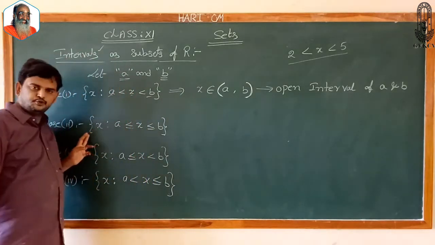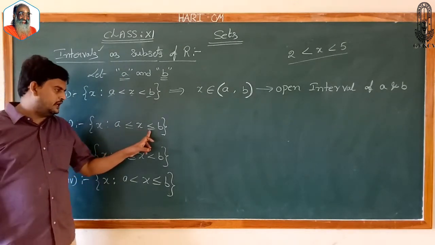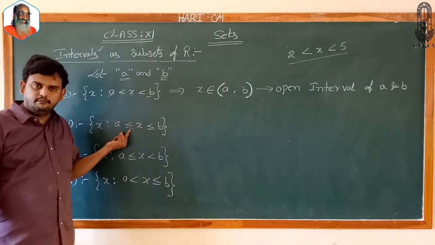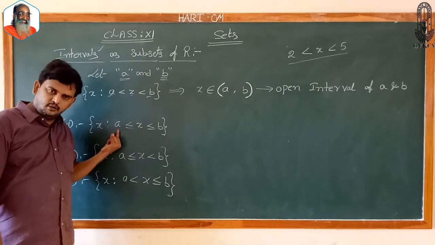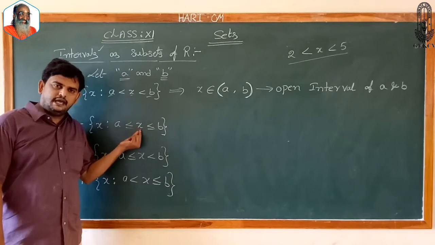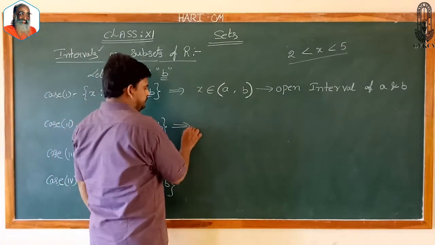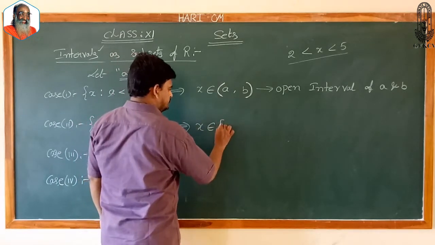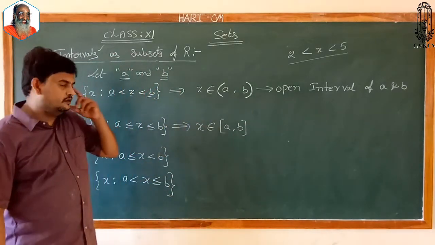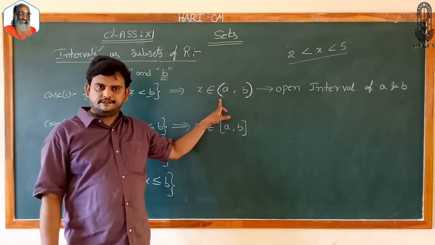Now coming to case 2, x such that a less than or equal to x less than or equal to b. Here less than or equal means that x may be equal to a, may be equal to b. There is a chance that x may be equal to a and x may be equal to b. That means we can write here x belongs to closed brackets a comma b. See the difference? Wherever we have purely less than, we are using open brackets.